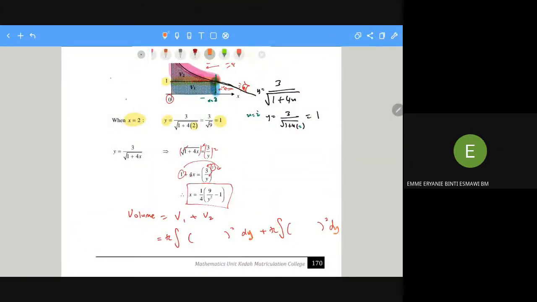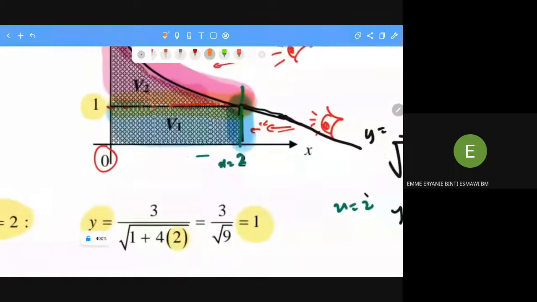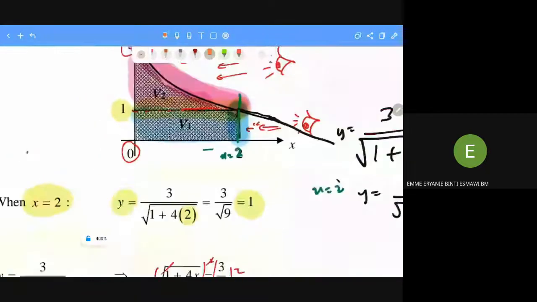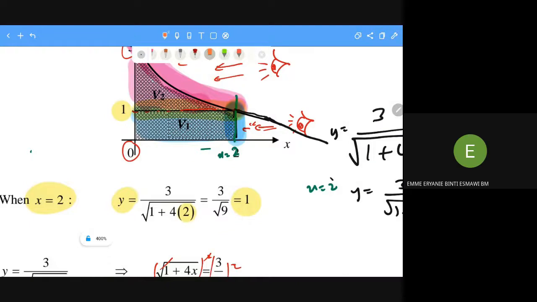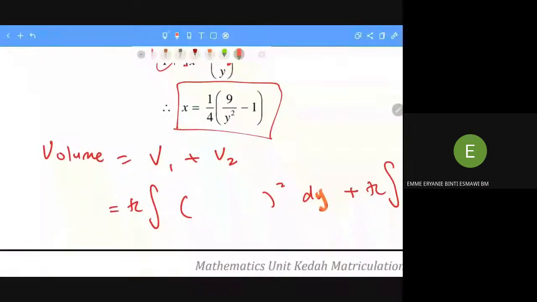Okay, and then V1 yang bawah ni kalau biru ni, the limit of y is at 0 to 1. Okay, so that's why limit ni pun mesti 0 to 1 lah. 0 to 1 there. So limit 0 to 1 here.